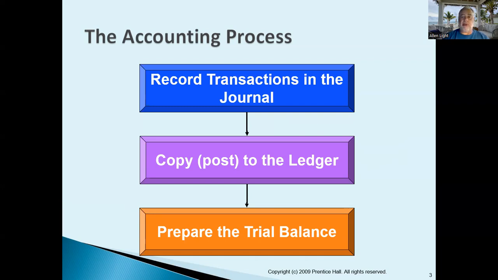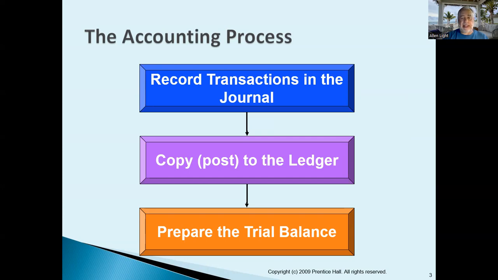What we want to do is make sure that at the end of all these transactions that we've put in, they balance, that equation holds true. And that's what the trial balance is for. If the trial balance doesn't work, if assets don't equal liabilities plus owner's equity, then what that means is we've made a mistake somewhere. And now we've got to go back and find it.